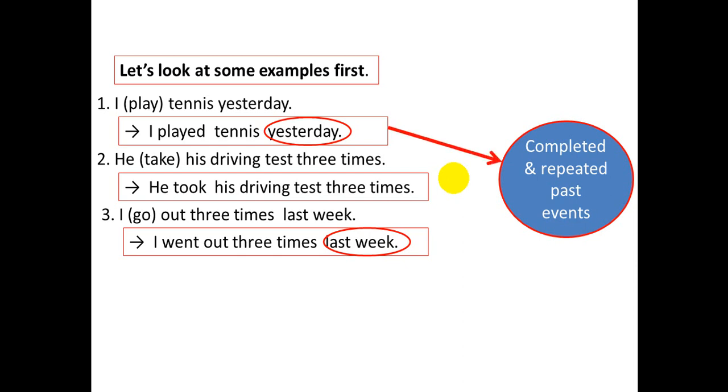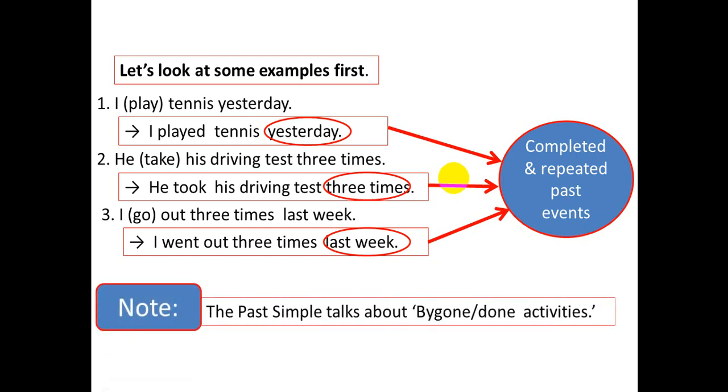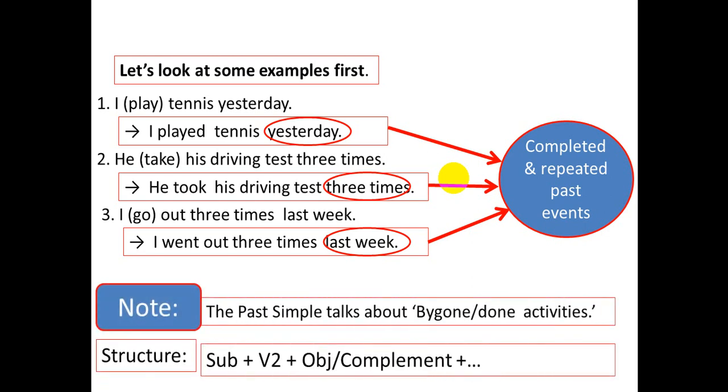The other phrase is 3 times. This is repetition, and I mean here repeated past events, so they are in past simple, and the past simple confirms the V2 form of the verb.